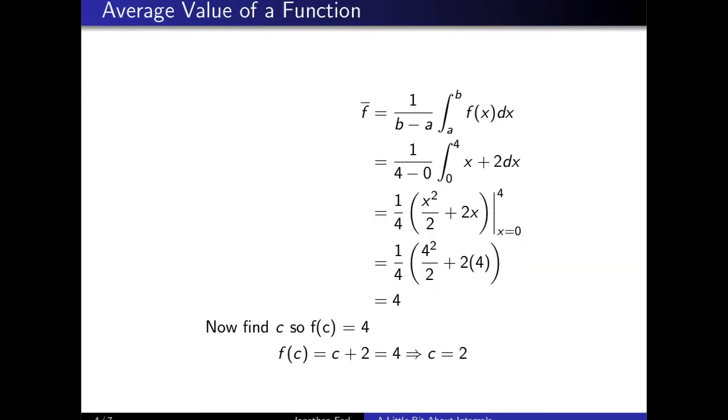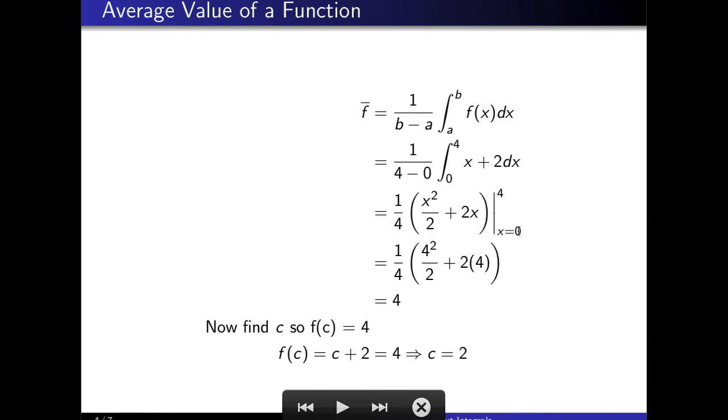Okay, so the first thing that we'll do is we'll go about finding what the average value is. So we'll take this expression 1 over b minus a times the definite integral from a to b of f of x, plug in our a, b, and f of x, and after we evaluate the integral, we get 1/4 times the quantity x squared over 2 plus 2x, evaluated at x equals 4 and 0.